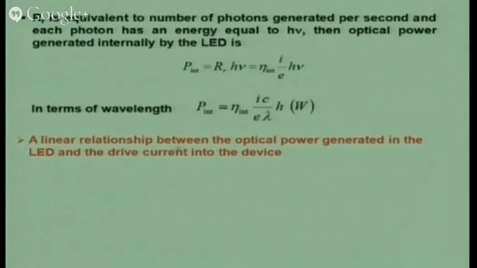So a linear relationship between the optical power generated in the LED and the drive current into the device exists. That means I can modulate my light output by modulating the current. We have seen earlier that we can modulate the LED output. The same can be modulated with my digital signal or analog signal to high speeds. So all these parameters I must consider.